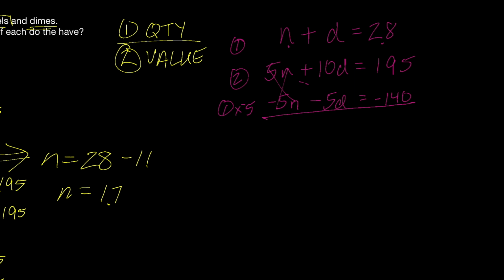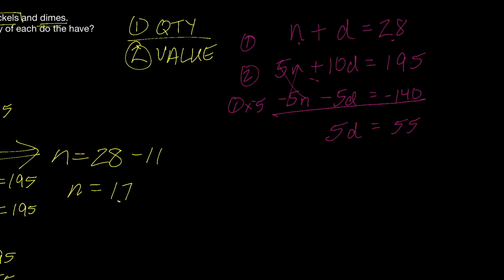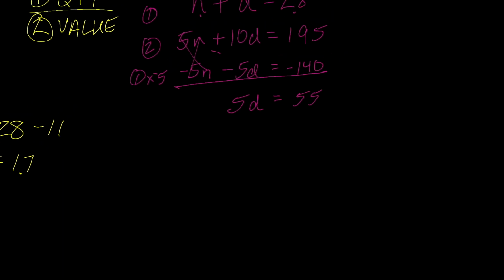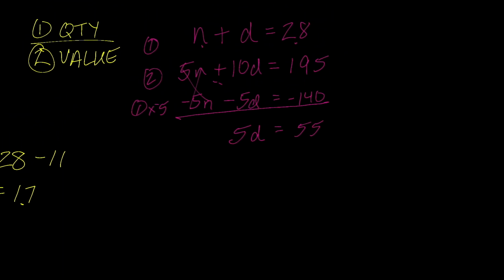So when I add my d's, I get 10d minus 5d is 5d. And 195 minus 140 is 55. So notice we're ending up with the same equation that we did when we did substitution. We're just getting there, I think, a little bit quicker. So d is equal to 11.